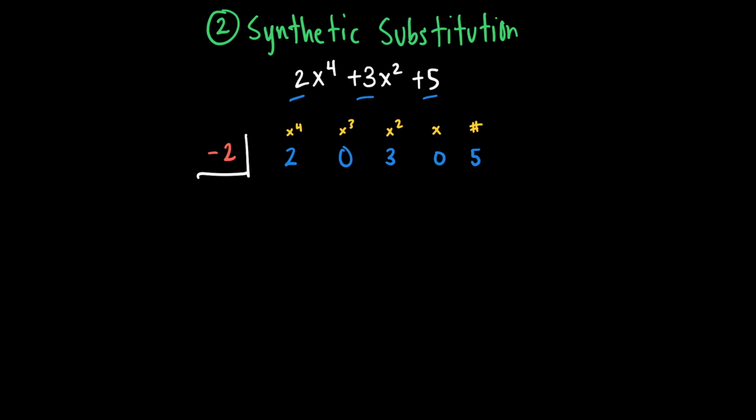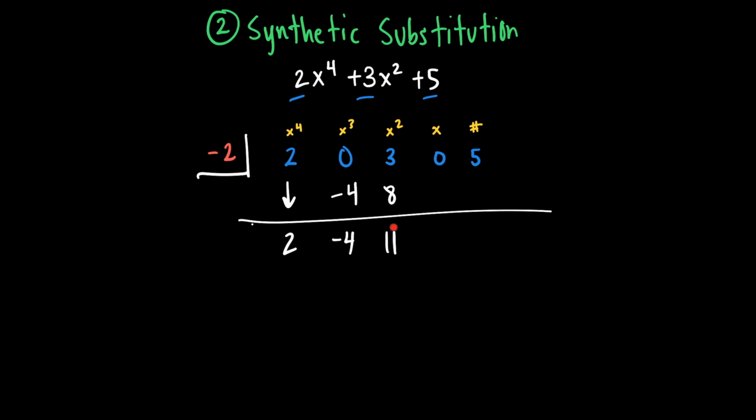What we've got now is we can bring this 2 down and multiply up. Negative 2 times positive 2 gives us negative 4. Then we add down: 0 plus negative 4 gives us negative 4. Negative 2 times negative 4 gives positive 8. We take 3 plus 8 and add it down to get 11.